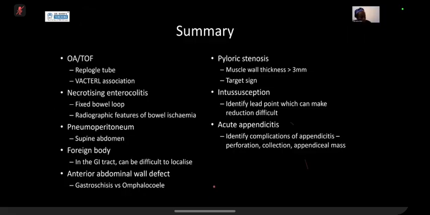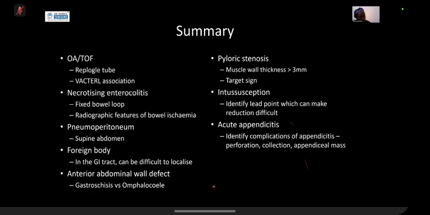So that was quite a lot of acute abdominal presentations, and some not so acute, that we've covered. So well done, candidates 3 and 4. We've had esophageal atresia with tracheoesophageal fistulas, and we've looked at replogle tubes, which are the double lumen blind-ending tubes that are put into the proximal esophagus to help drain it.